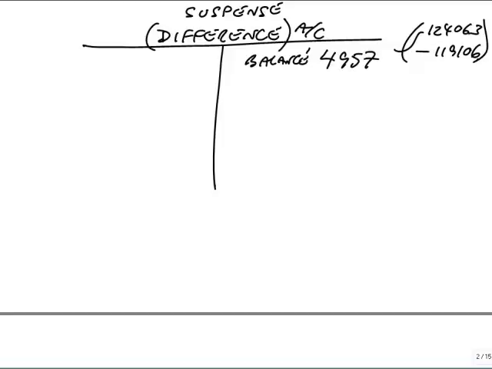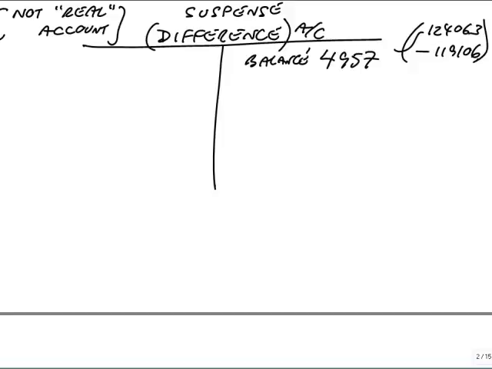Now, I said a minute ago, this is not a real account. But I'm about to show you. We'll use this piece of paper to give us a nice way of keeping check when we start to find errors.